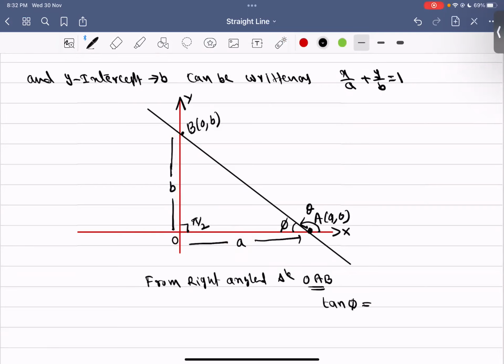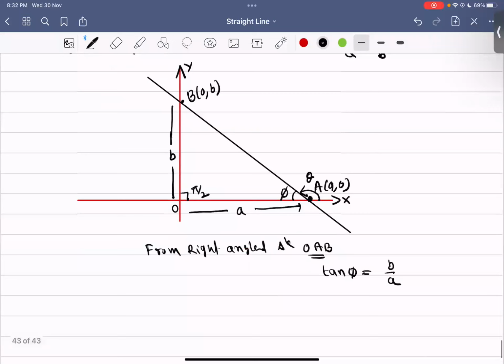Tan phi is b by a. But we need tan theta, because theta is the inclination, and we need the slope. Slope is equal to tan theta. So m is equal to tan theta, that is the slope.